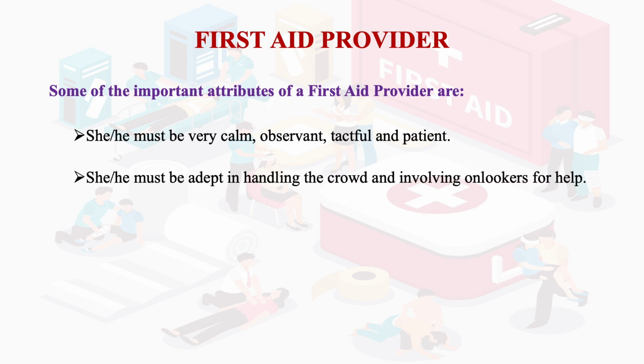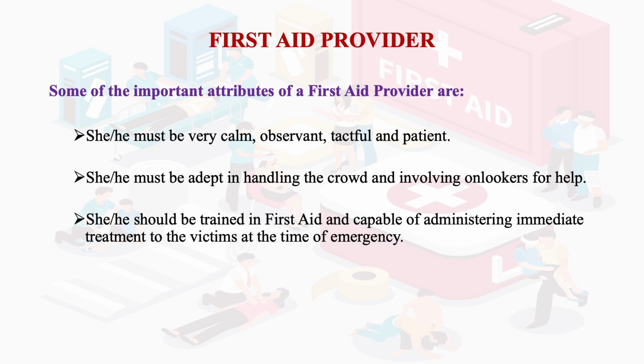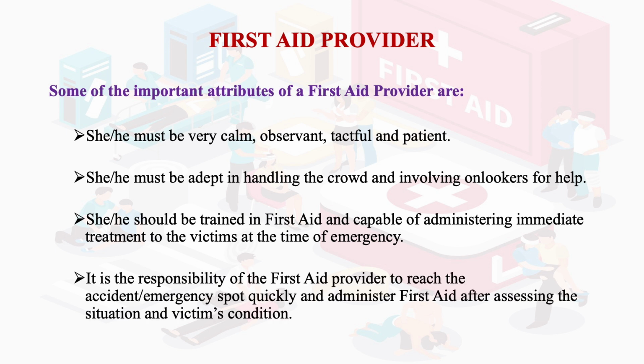She or he must be adept to handle the crowd and involving onlookers for help. She or he should be trained in first aid and capable of administering immediate treatment to the victims at the time of emergency. It is the responsibility of the first aid provider to reach the accident or the emergency spot quickly and administer first aid after assessing the situation and victim's condition.